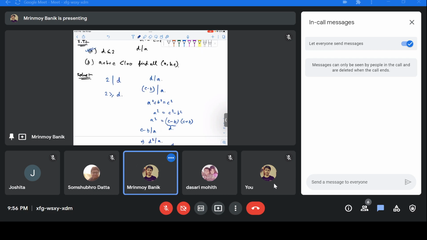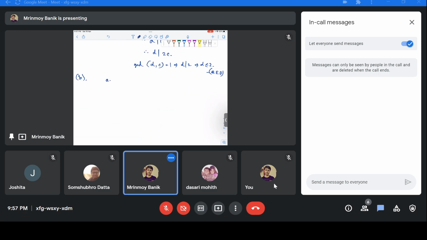So A plus B plus C is 100. C minus B is less than or equal to 2. Now C is obviously greater than B, since C is the hypotenuse. So C can't be equal to B. So C can be either B plus 1 or C equals B plus 2.